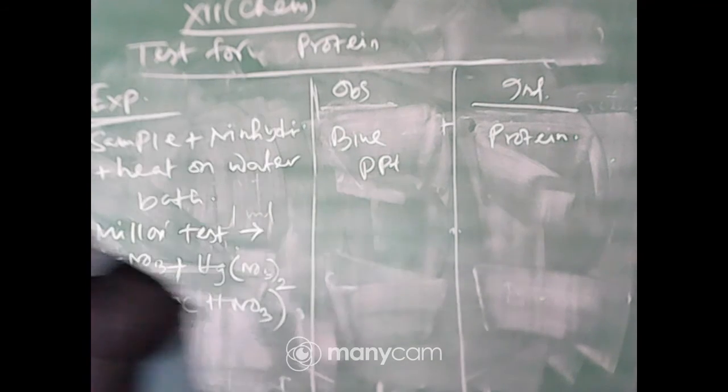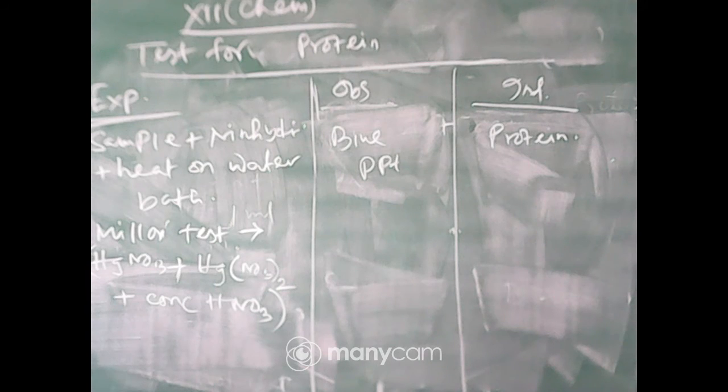And another is the Bial's test and Hubl's test. One produces a rose red color, and Hubl's test uses chloroform, and the experiment is somewhat long.